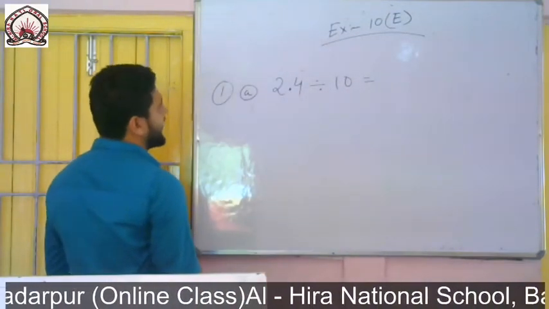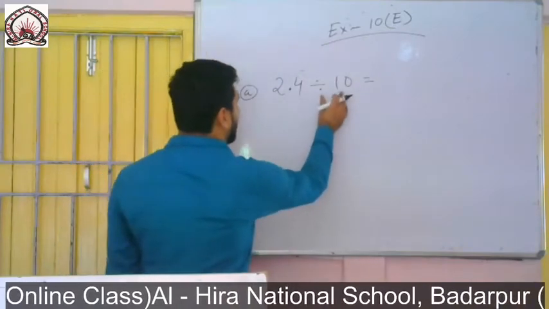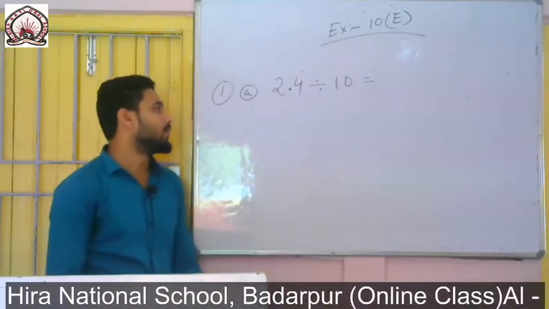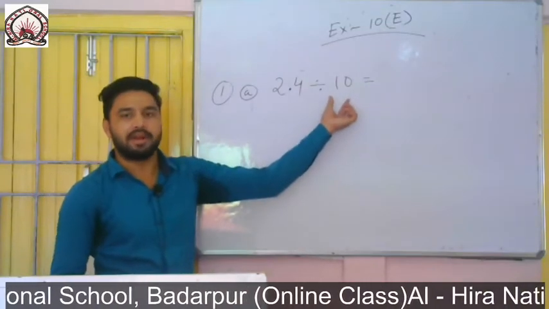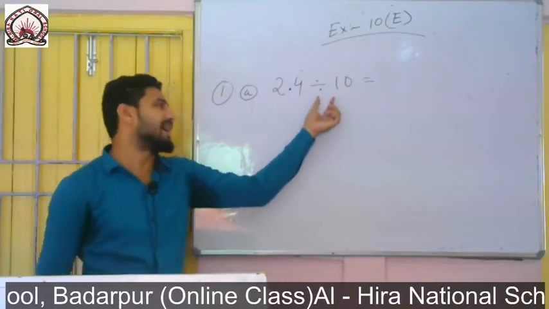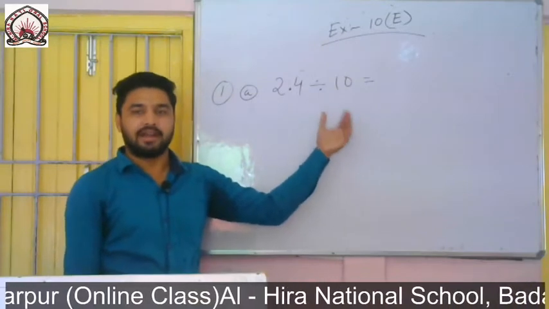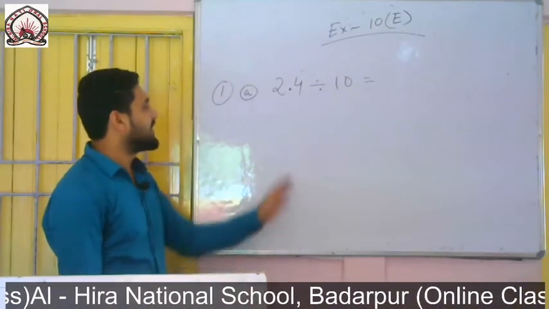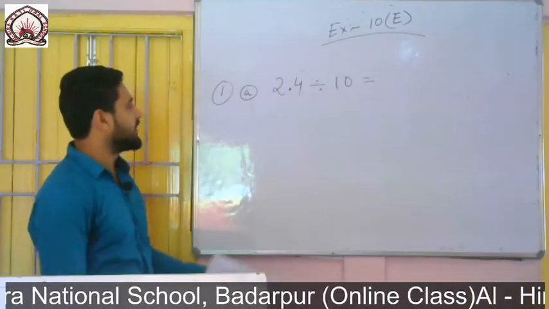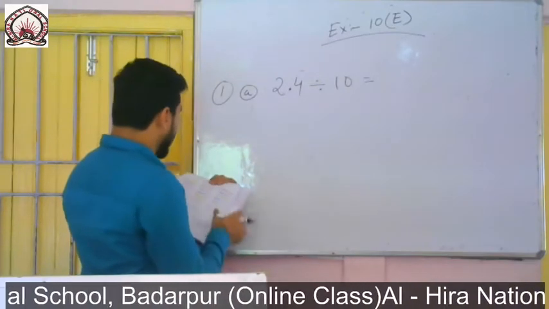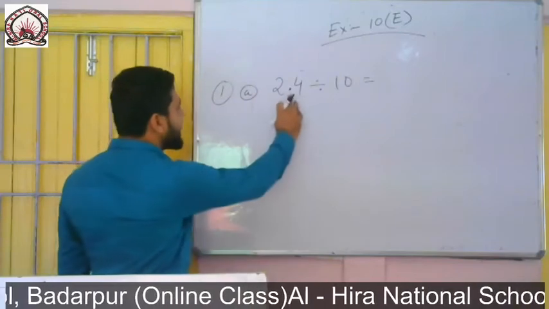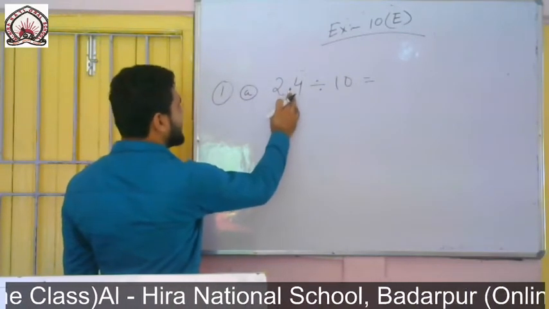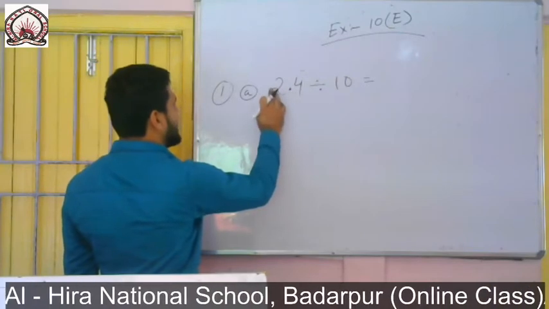You see, wherever you get a divisor that is a multiple of 10, that means like 10, 100, 1000, 10,000, like this, then what you have to do is shift the decimal point one place left.